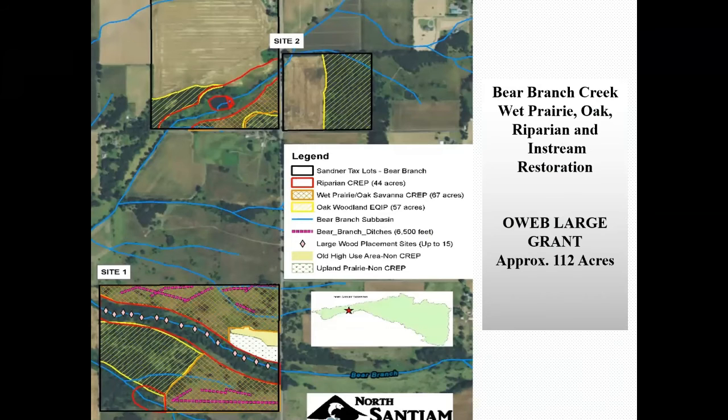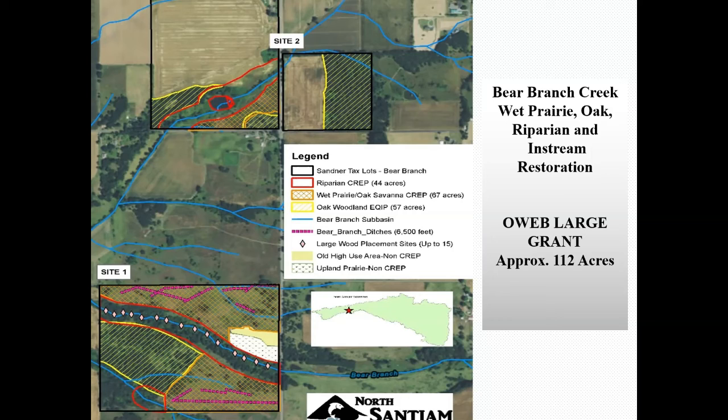The Bear Branch Creek Wet Prairie Oak Riparian and In-Stream Restoration Project was a huge project that we are still working on. The Sandners, who have several parcels, enrolled 112 acres into a Farm Service Agency CREP program and NRCS EQIP program.